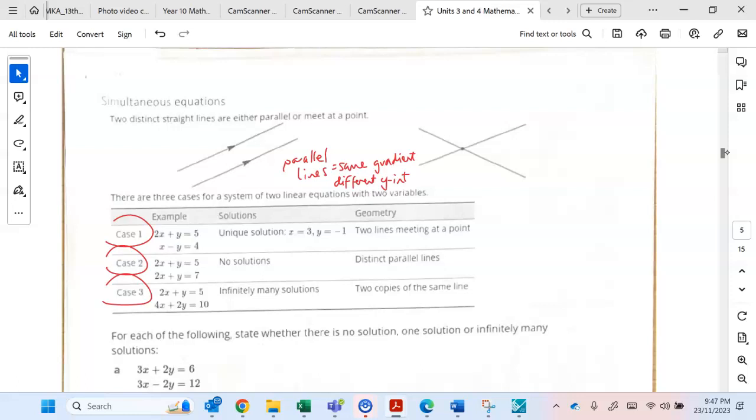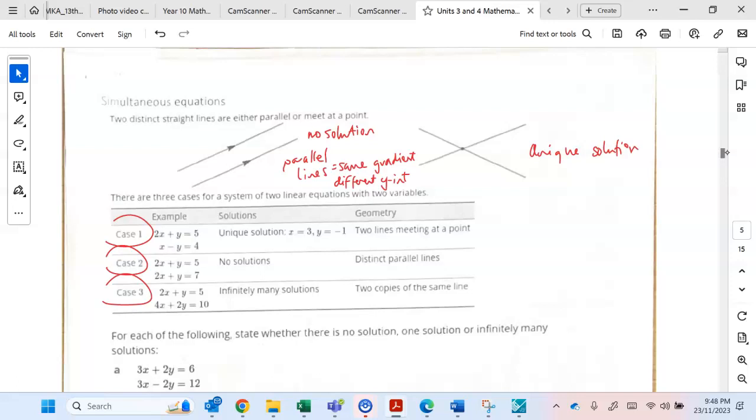Here we've got an intersection, so we have a solution. So also this one, we have no solution. So this one here, we have a unique solution. The word unique meaning one solution. And they basically cross over.